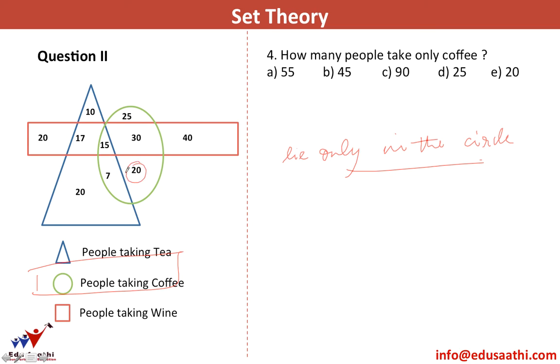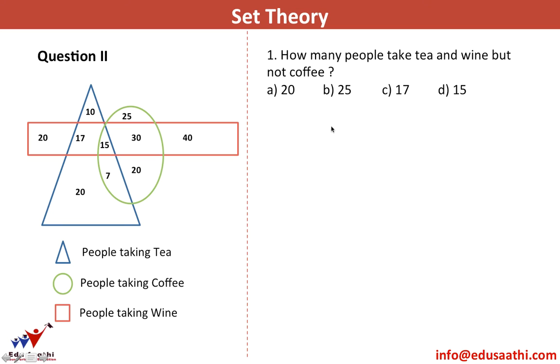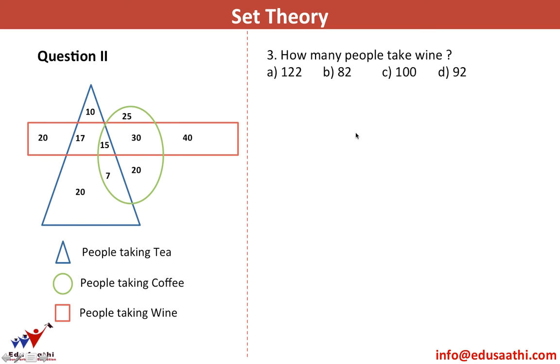I have 20, which is only in the circle, not the triangle or the rectangle, and 25 here. So what is my answer? Sorry, only coffee. So I have this 20 and 25 here. So I have 20 plus 25, and the answer is 45.